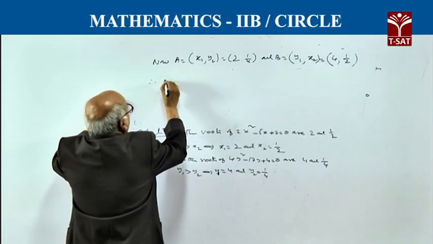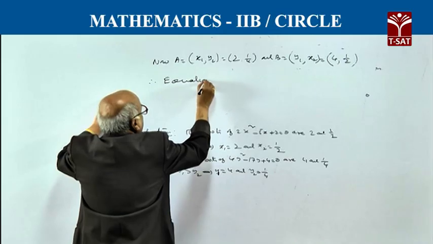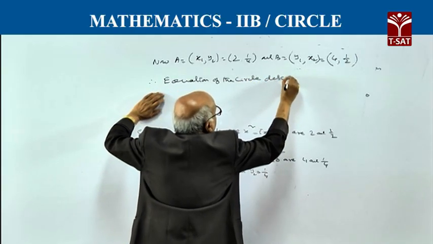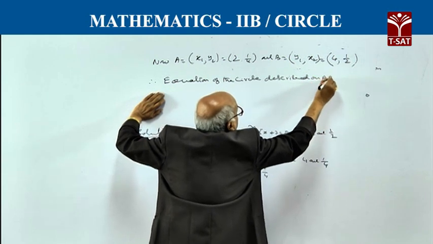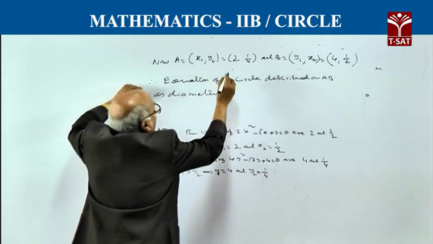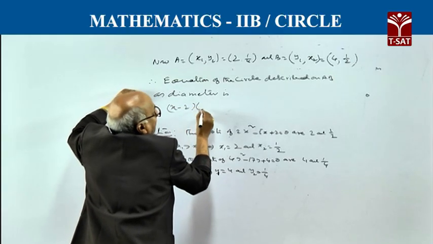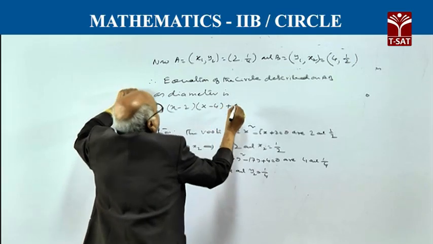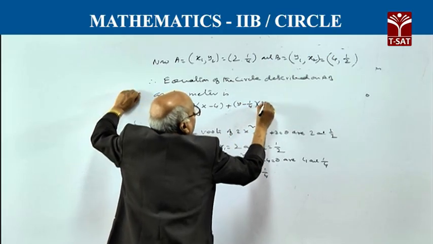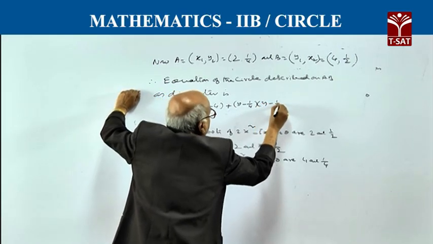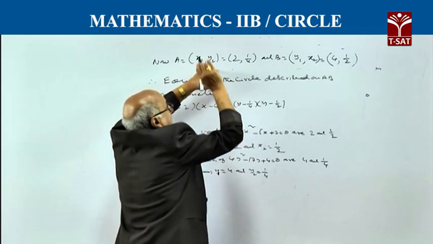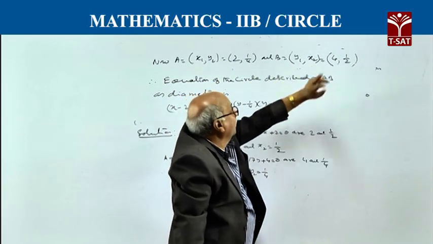Therefore, the equation of the circle described on AB as diameter is (x minus 2)(x minus 4) plus (y minus 1 by 4)(y minus half) equal to 0, since A is (2, 1 by 4) and B is (4, 1 by 2).